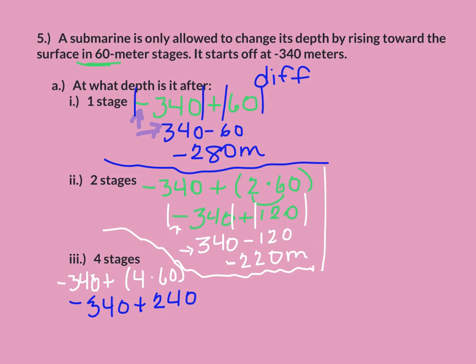Signs are still different. Find the difference. So I would have 340 minus 240, which of course is going to give us 100. And I know that I would take the sign of the larger absolute value, which would be negative. So after 4 stages, I'm still at negative 100 meters.